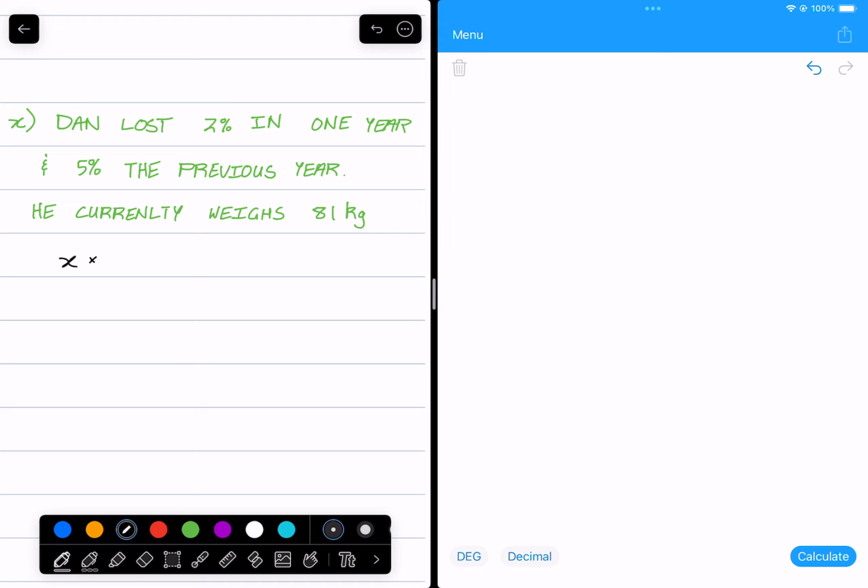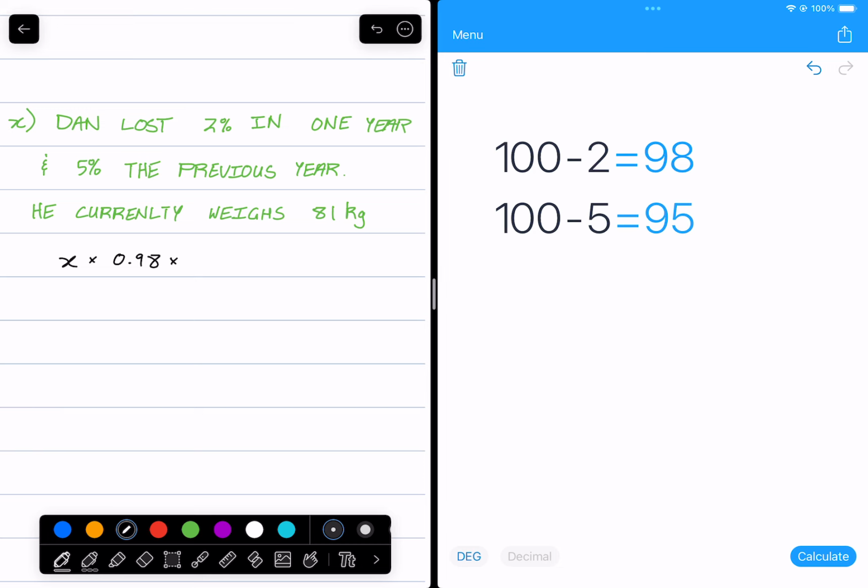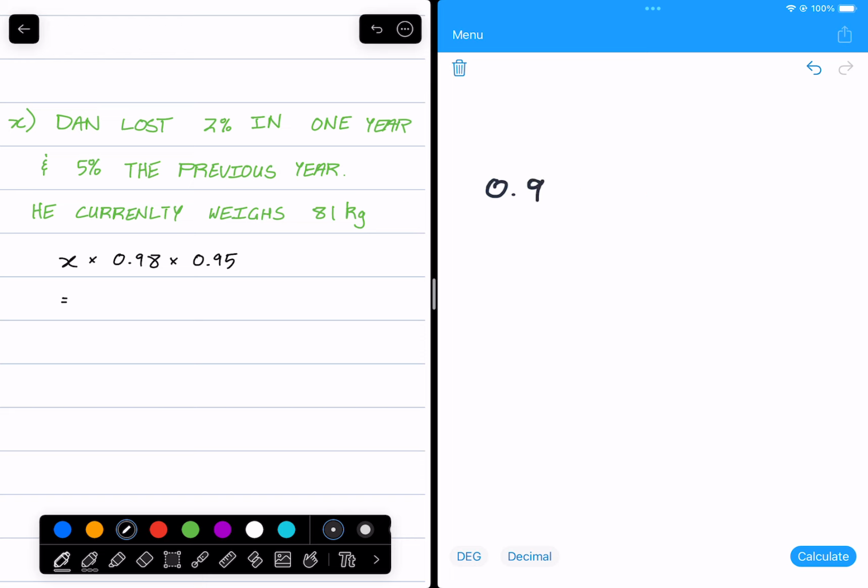So a 2% loss, 100 minus 2, we are finding 98%. So 0.98. That is the first loss. And then the next loss, we are finding 100 minus 5. That gives us 95%.